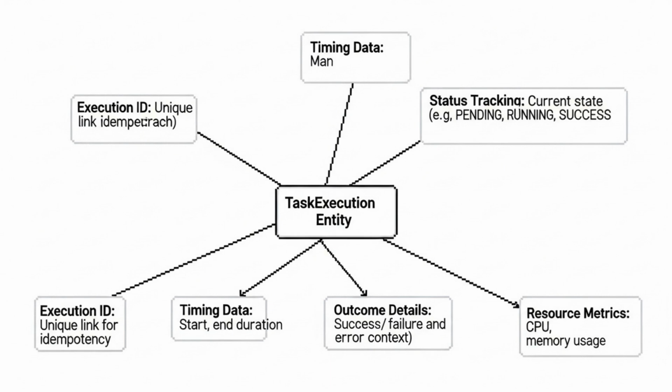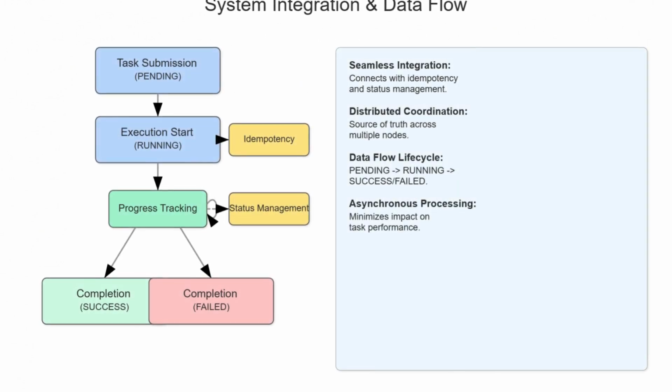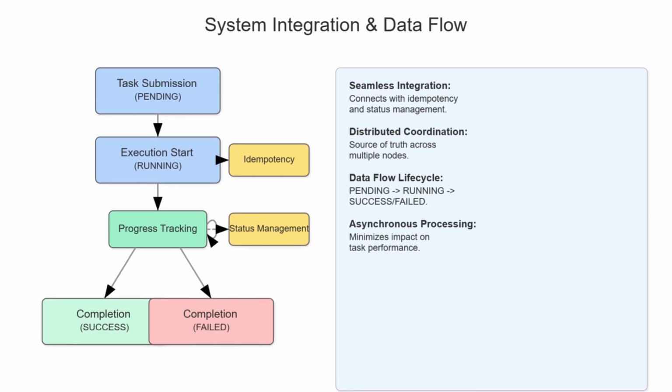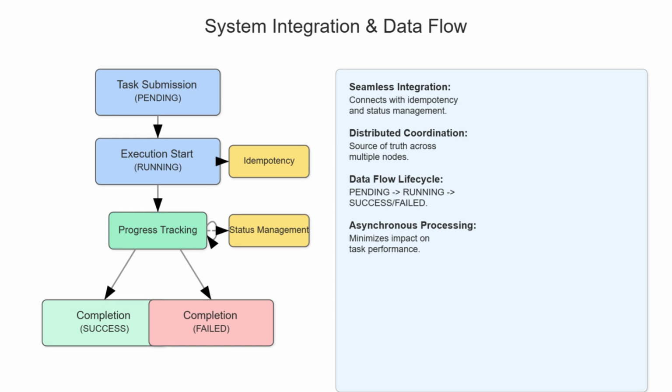Outcome details provide more granular information about the task's completion status, including success or failure status and any relevant error contexts. Lastly, resource metrics capture vital performance indicators like memory usage and CPU time, giving you insight into resource consumption. Together, these components form a comprehensive picture of each task's journey. Now, let's see how this task execution tracking system integrates with other vital components of your distributed architecture.